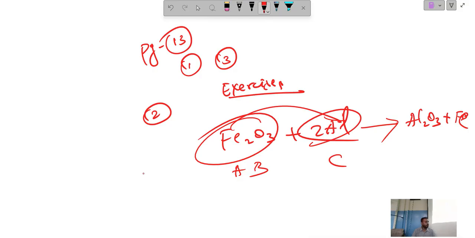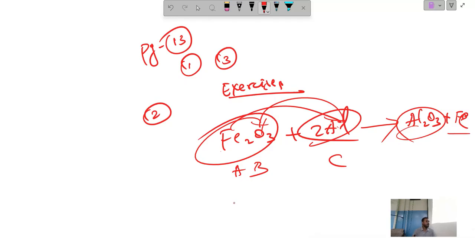Here there are only two, Fe and oxygen, and after combining, what will happen? Remember AB plus C gives, remember this is A B and this is C. So the aluminum will react with oxygen, so it becomes aluminum oxide and iron is displaced.